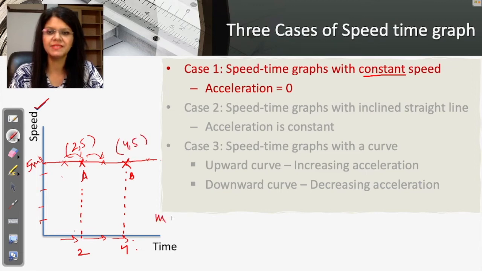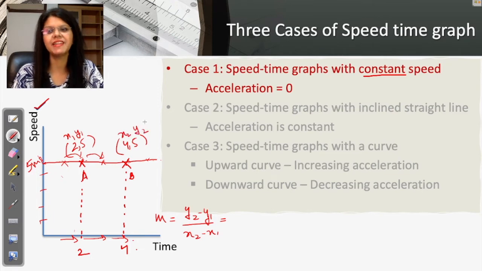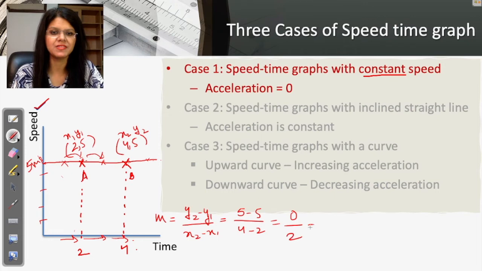So what is the gradient? Change in y, y2 minus y1 over x2 minus x1. Let us call these x1, y1, x2, y2. You can take any one of them as x1, y1 and the other as x2, y2, it doesn't matter. y2 and y1 are both 5, so 5 minus 5 over 4 minus 2. 0 divided by any number is always 0.